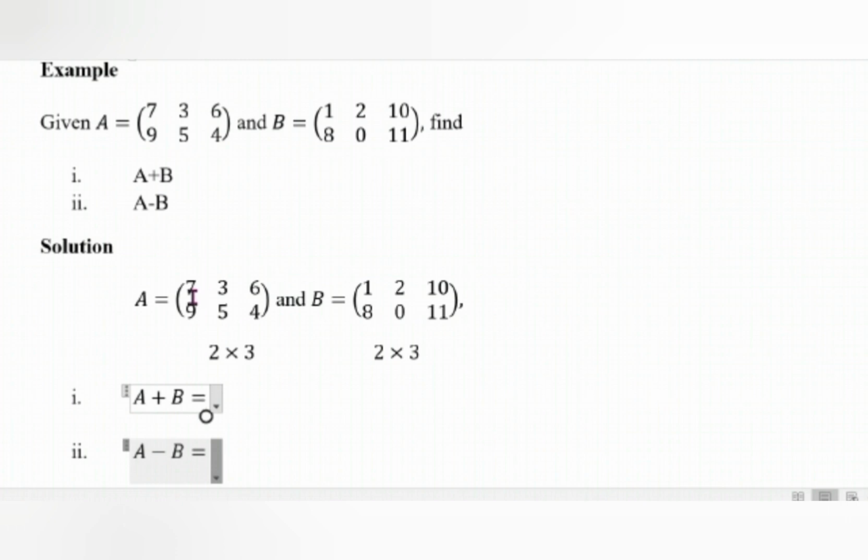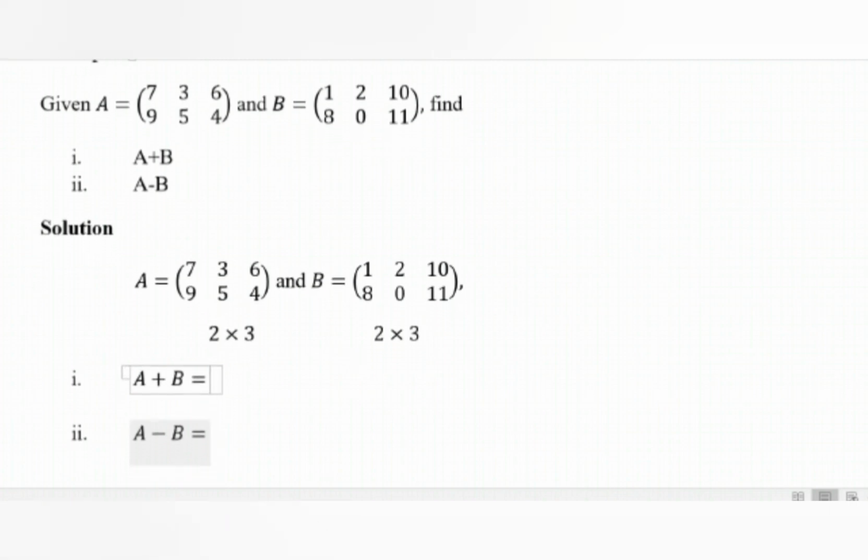Taking matrix A, it has 2 rows and 3 columns, so it is of order 2 by 3. This one has 2 rows and 3 columns, so it's also of order 2 by 3. So the two matrices are of the same order, and therefore we can add or subtract them.